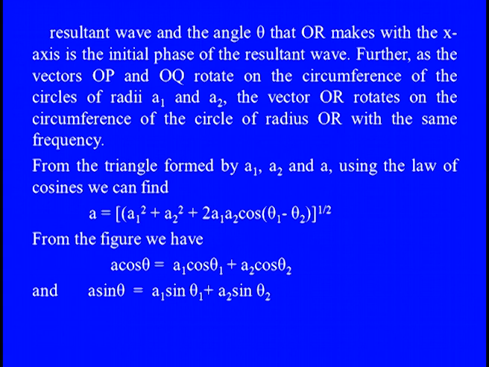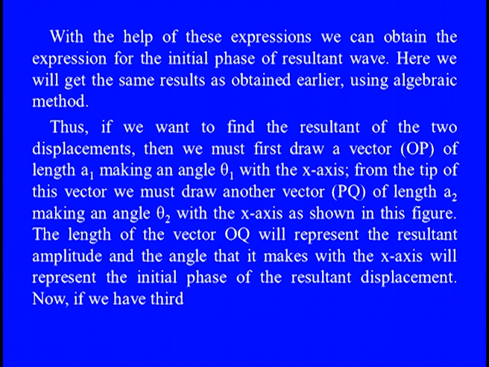From the figure we have a cos theta equal to a1 cos theta 1 plus a2 cos theta 2, and a sin theta equal to a1 sin theta 1 plus a2 sin theta 2. With the help of these expressions, we can obtain the expression for the initial phase of the resultant wave. Here we will get the same result as we have obtained earlier using the algebraic method.